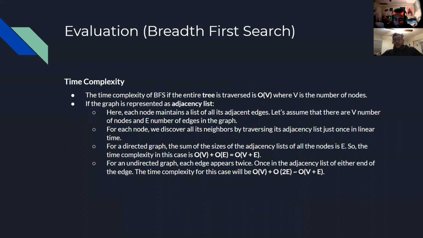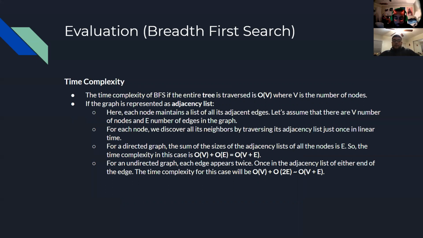For each node, we discover all its neighbors by traversing its adjacency list just once in linear time. For a directed graph, the sum of the sizes of the adjacency lists of all the nodes is E. So the time complexity in this case is O(V) plus O(E), which is equal to O(V+E).